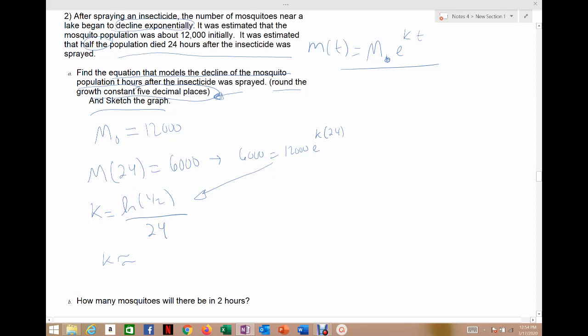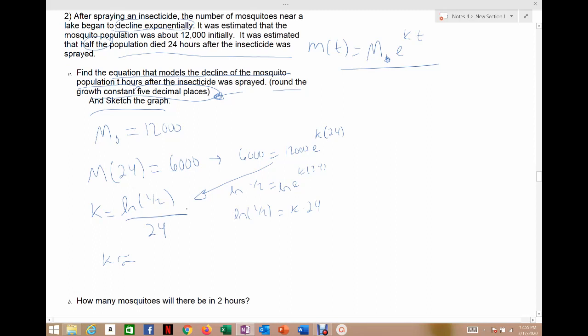Again, you would divide by the 12,000, that's where you get the half. 6,000 divided by 12,000 gives you a half. E raised to the k times 24, then you take your natural log, and there you get natural log of 1/2 equals k times 24. And then divide by 24 and you've got k.